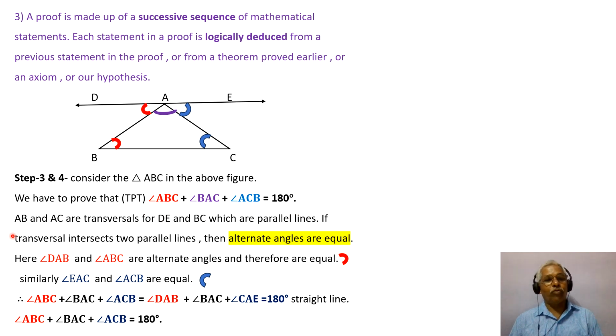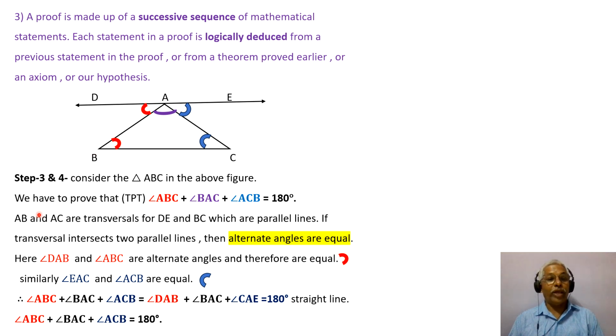Now proof. Now see, we have drawn this parallel to this. DE is parallel to BC. Now if these two lines are parallel, then AB is transversal to these two lines and AC is also transversal to these two lines.